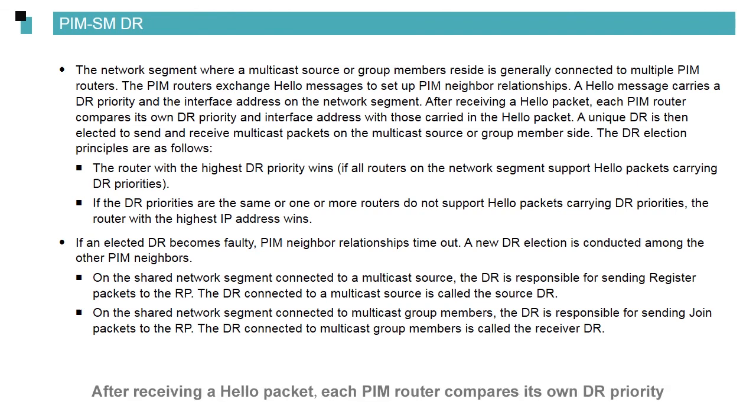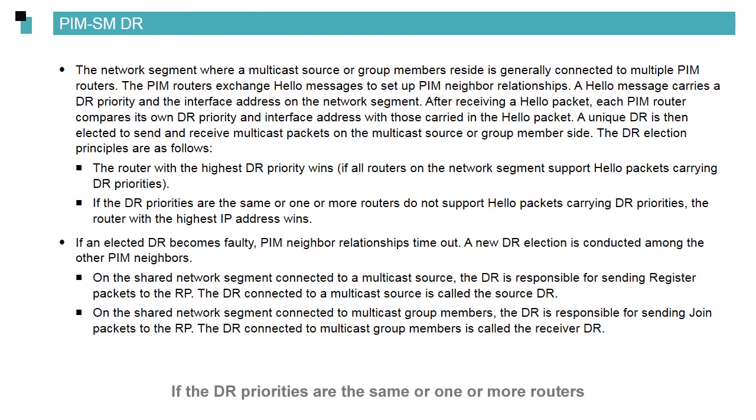After receiving a hello packet, each PIM router compares its own DR priority and interface address with those carried in the hello packet. A single DR is then elected to send and receive multicast packets on the multicast source or group member side. In a DR election, the router with the highest DR priority wins.